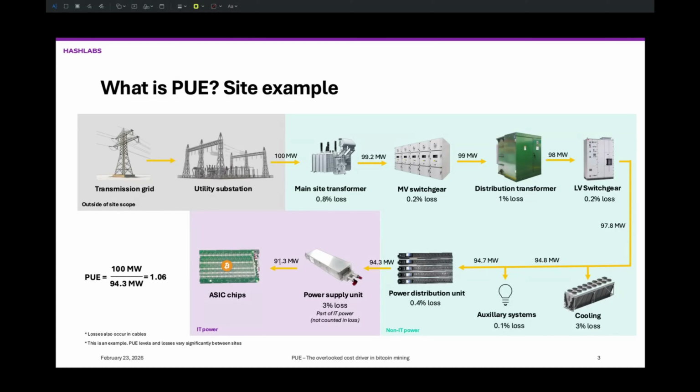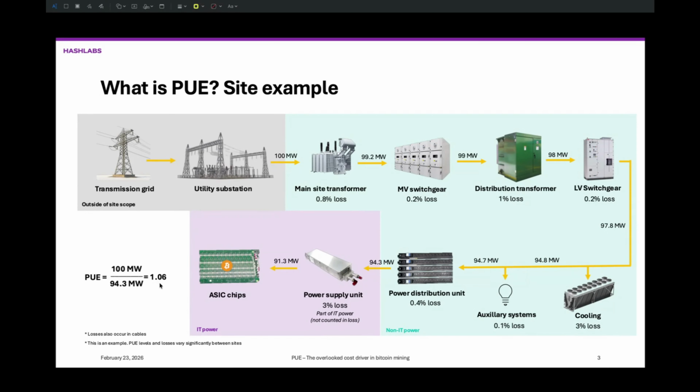So in our example here, 100 megawatt going into the site, but only 91.3 megawatt gets through into the chips and can actually produce the hash rate. So what is the power usage effectiveness of this site? It's 100 megawatt, which is the total load that is delivered to the site, divided by 94.3, which is the power that is going into the power supply unit of the IT equipment.